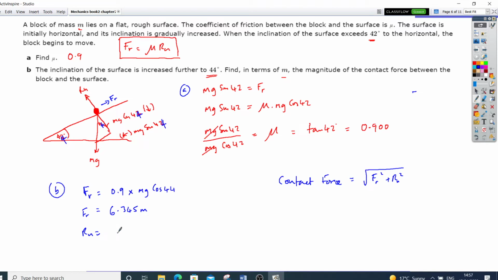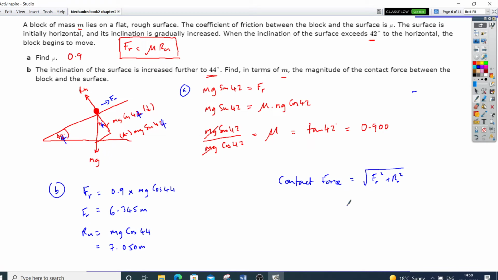And the Rn is just going to be mg cos 44, so that's 9.8 times cos 44, which is 7.050 m.